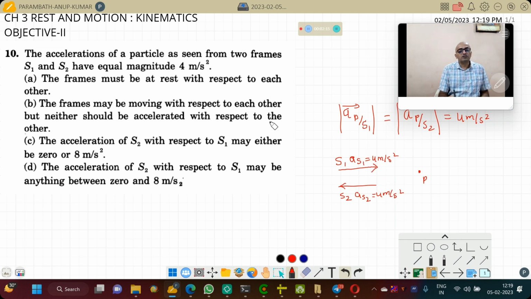So the frames must be at rest with respect to each other is not correct. This is possible, therefore must is not correct.